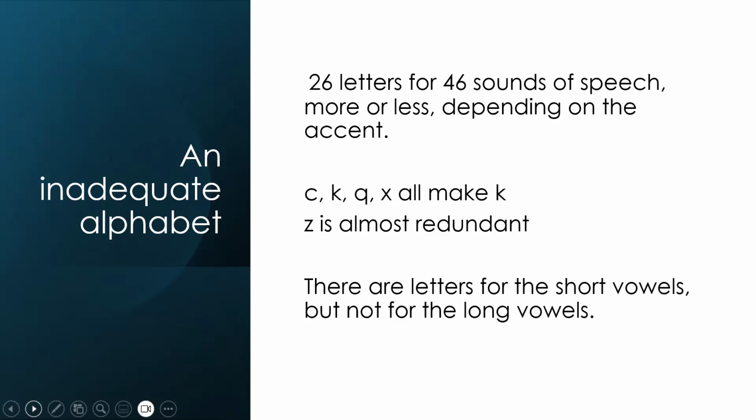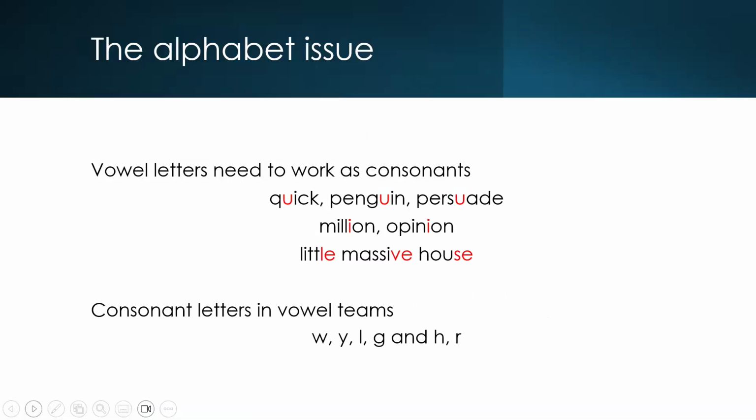Z is most commonly spelt with an S, as in his and advise, making Z largely redundant. This means that at least half the sounds are missing from the alphabet, and these missing letters must be made up with two or more letters in combination, and most letters serve multiple purposes.